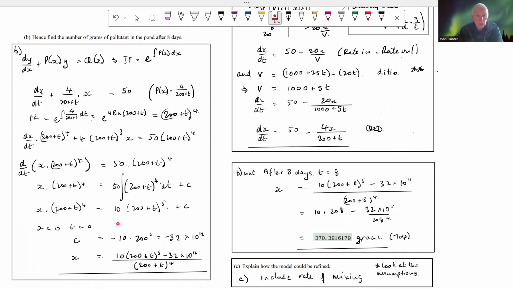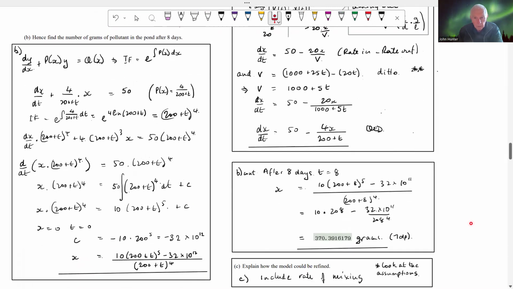Then we substitute that in to give us this particular solution for x. A bit of an ugly looking thing, isn't it? But that's what we've got. So that is part B.